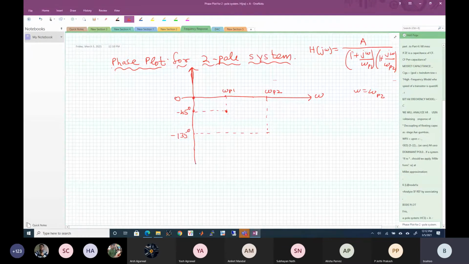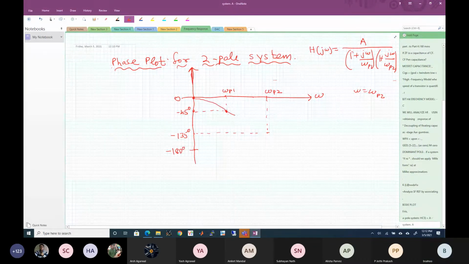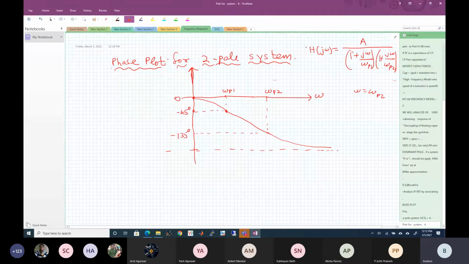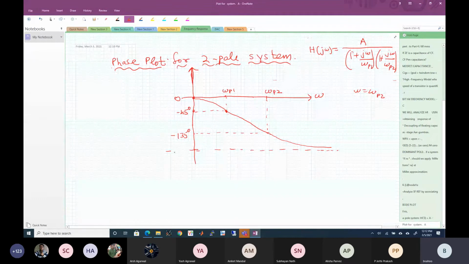And then it approaches minus 180 degrees as omega keeps on increasing. So my question is, will the phase of this two-pole system ever reach minus 180 degrees? The answer is no.